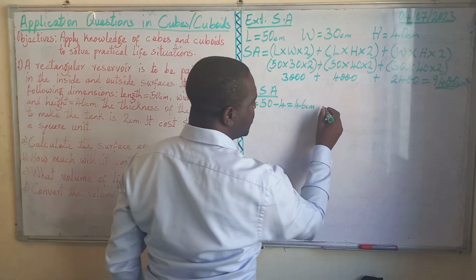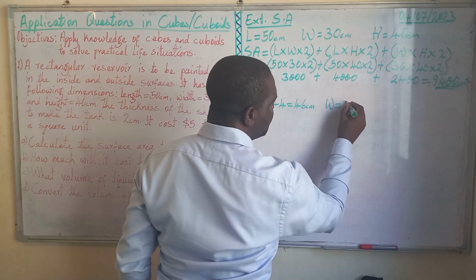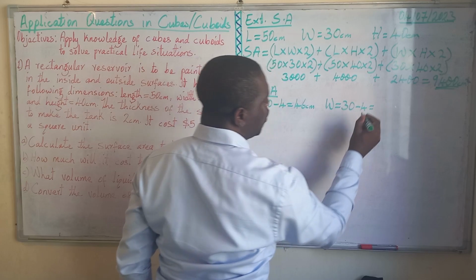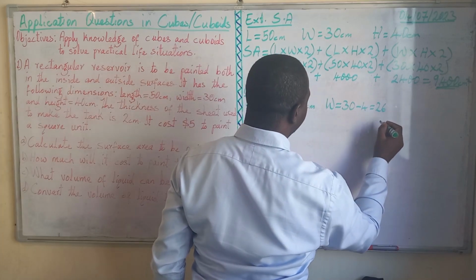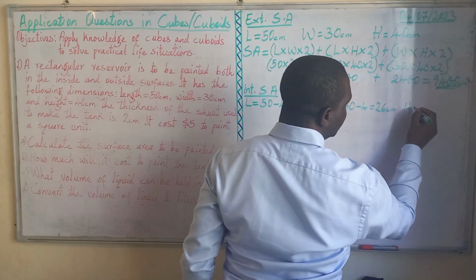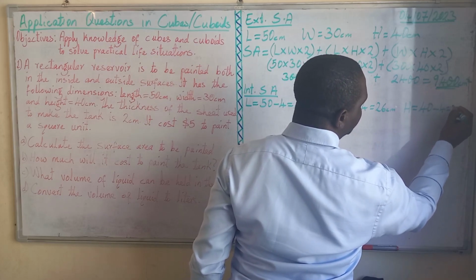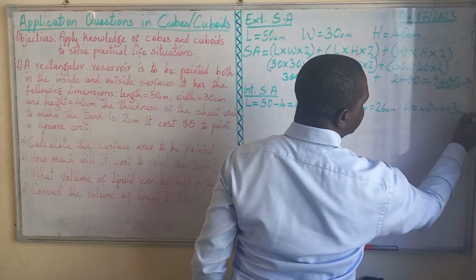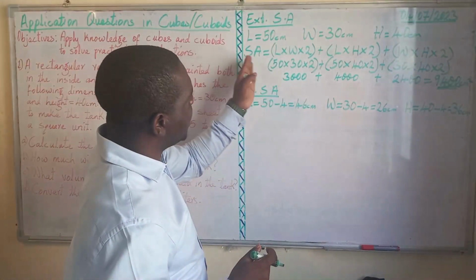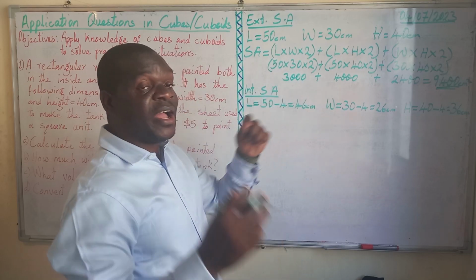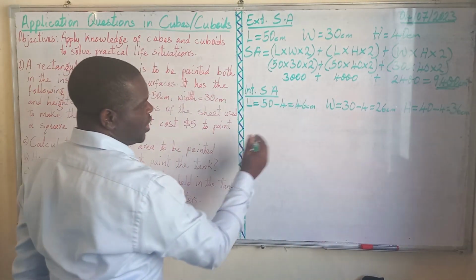We do the same for the width. Width is equal to 30 minus 4, which is equal to 26 centimeters, and the height is equal to 40 minus 4, which is equal to 36 centimeters. Let's now move on to calculate the surface area of the internal reservoir.